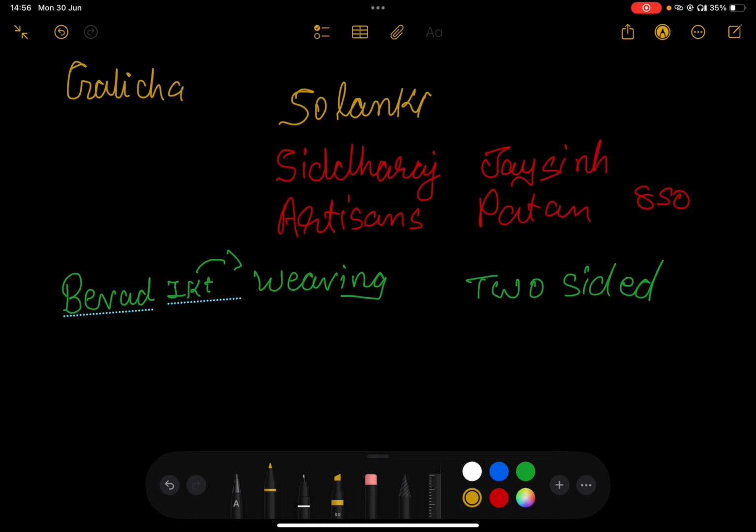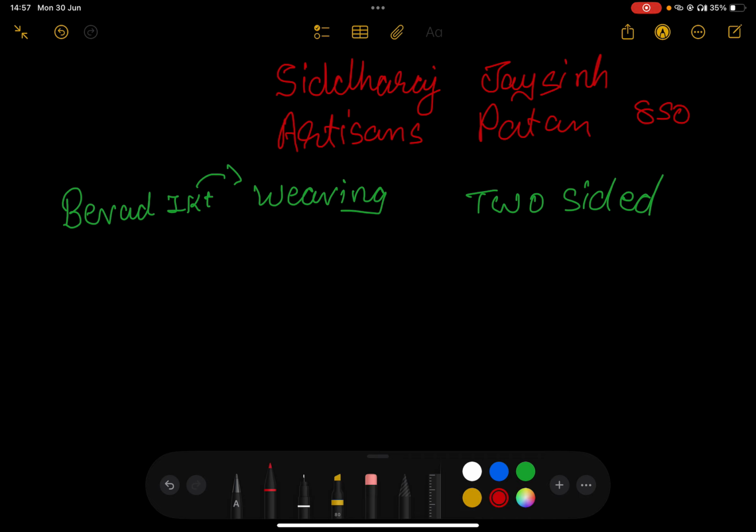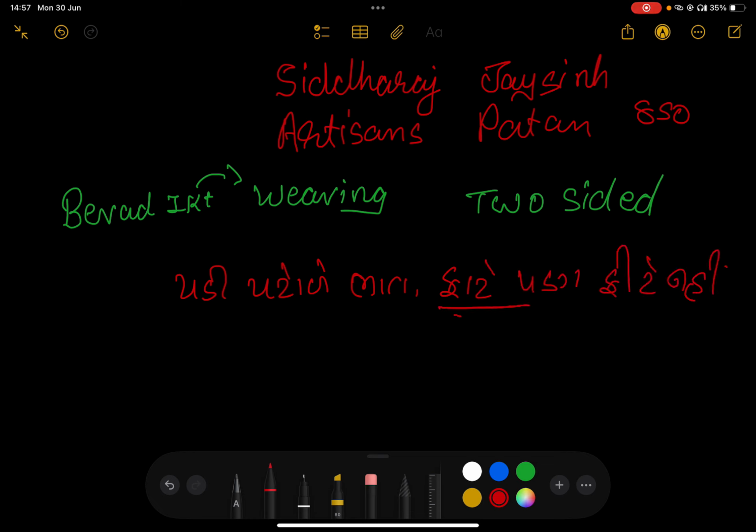This type of patola variety has good durability and its original colors remain intact. Obviously, it would be durable. Only then would people pay lakhs of rupees for it. There is a saying in the same reference: Padi patole bhat fate pan fite nahi. It means the cloth may tear but its color remains intact.